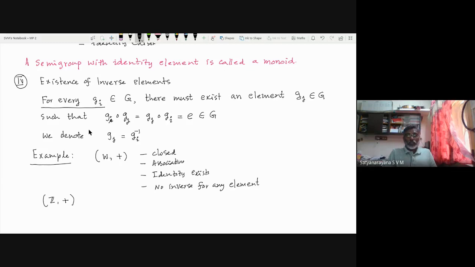Okay. So this last requirement of not having an inverse element is handled by introducing all these negative integers. If you take the full set of integers, then this is closed, as we have shown already. This is associative, and this has identity exists.